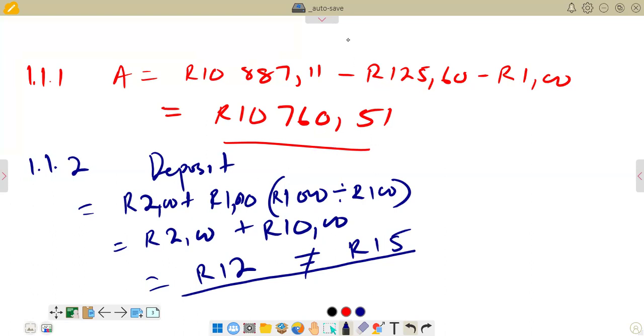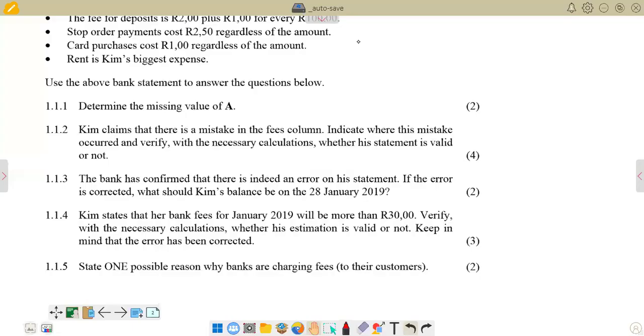If you go back there, you see that the next question reads, the bank has confirmed that there is indeed an error on his statement. If the error is corrected, what should Kim's balance be on the 28th of January 2019?